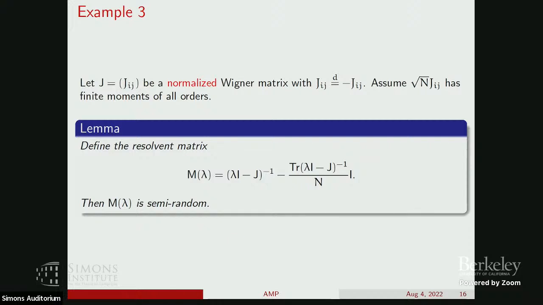If you take this symmetric matrix, as long as square root n J_ij has finite moments of all orders, if you look at these centered resolvents, you will still have the semi-random property. There is one slight issue here. Because of the signing, I need to assume that J_ij is symmetric about 0. I don't think this should be required. I think this is an artifact of our proof. But morally, this is what it tries to get at.